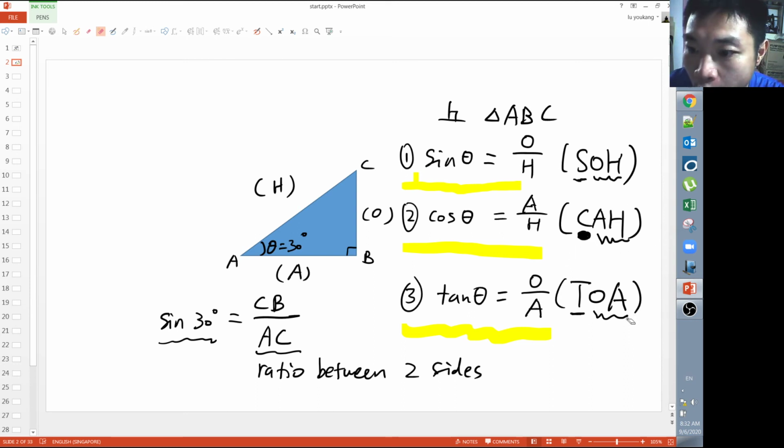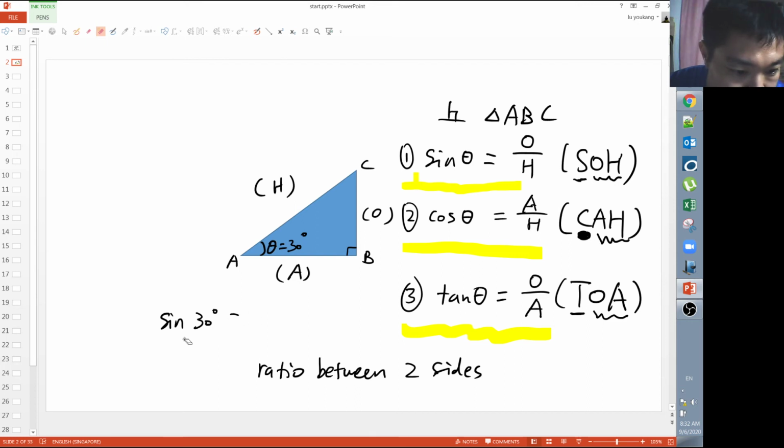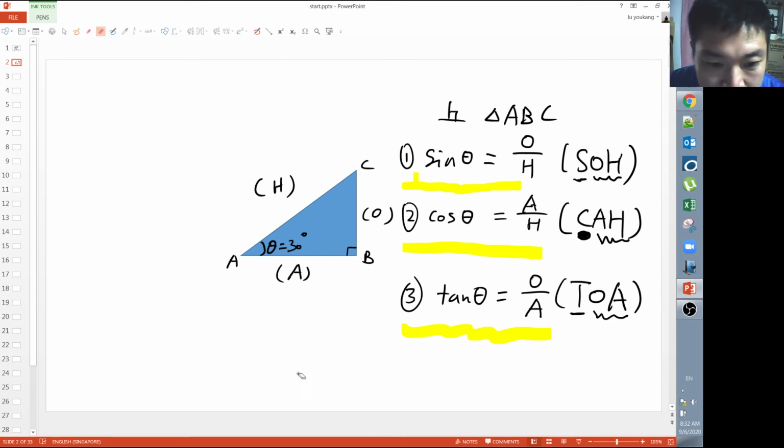All right, so without further ado, let's try these three rules with one example. So I'm going to use the example here. Let's assume this theta is equal to 30 degrees.